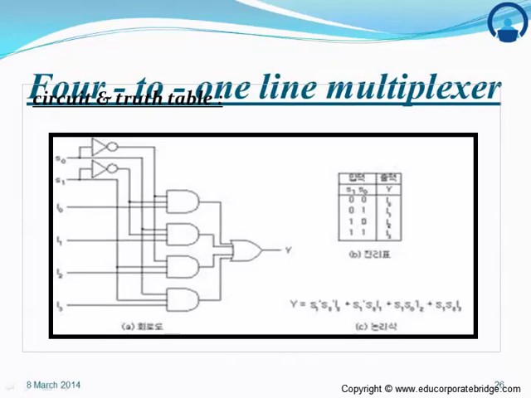To explain the details of the 4 cross 1 MUX structure, let's take the example of a circuit for 4 cross 1, and then see how it works. The basic block diagram for 4 cross 1 MUX has I0, I1, I2, I3. Since it is 4 cross 1, that is 4 inputs, we have 2 select lines and the output.